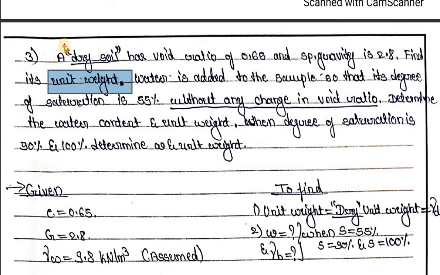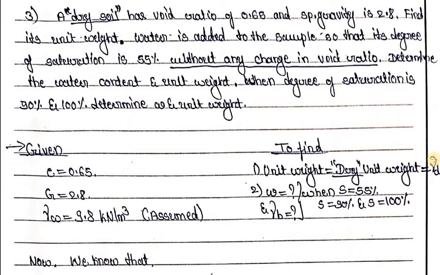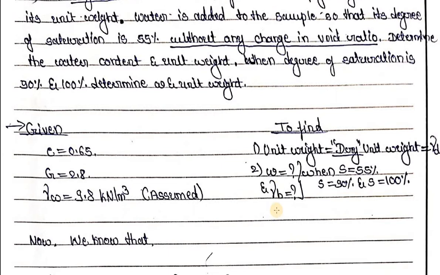But another condition they have mentioned is that the soil is dry. So when the soil is dry, the regular unit weight will be nothing but the dry unit weight. So in the first case, we need to find γd, and in the second case, by using degree of saturation 55%, 90% and 100%, we need to find the water content and bulk unit weight.